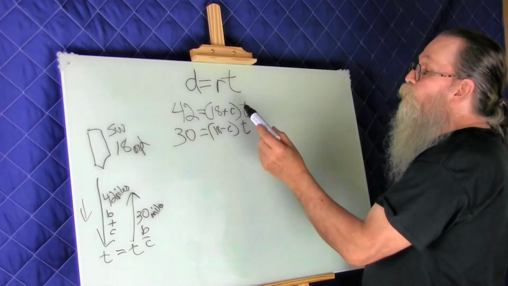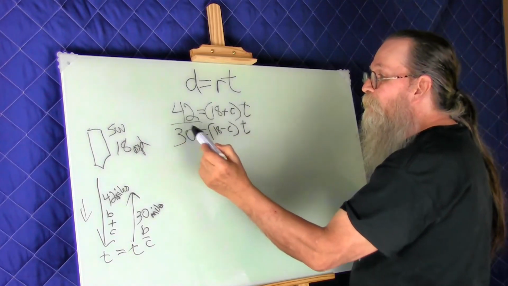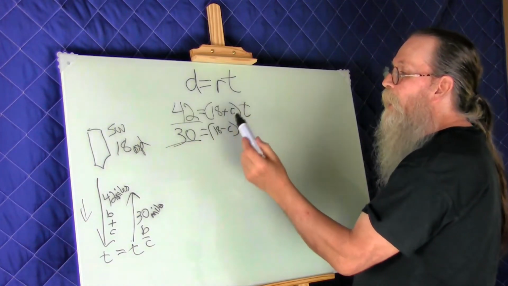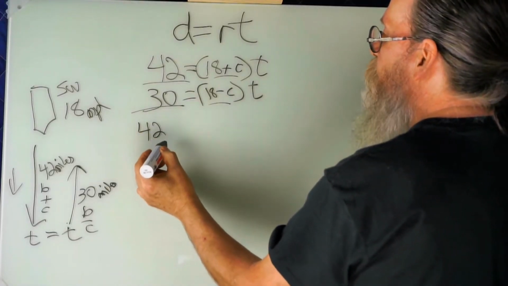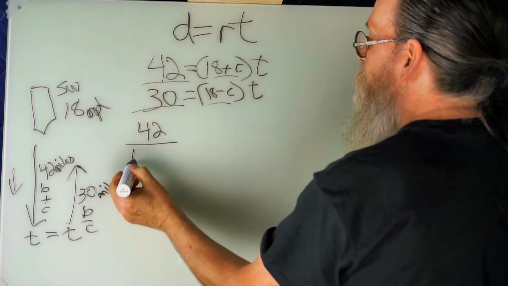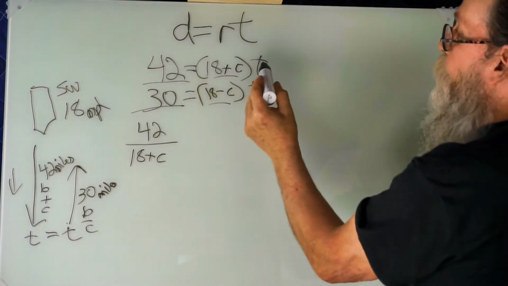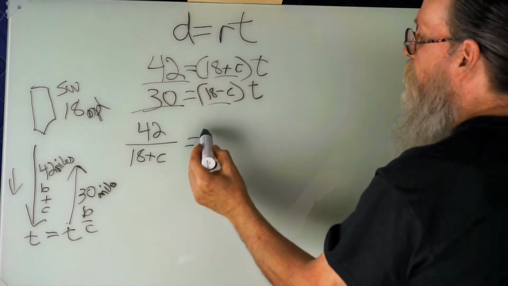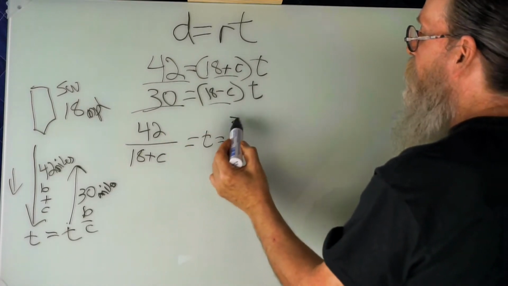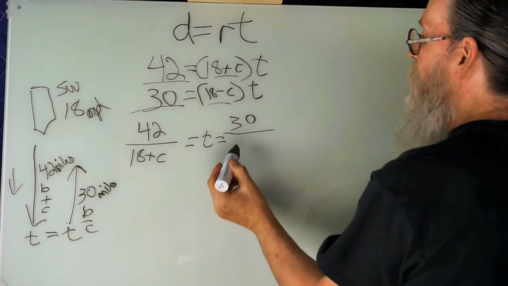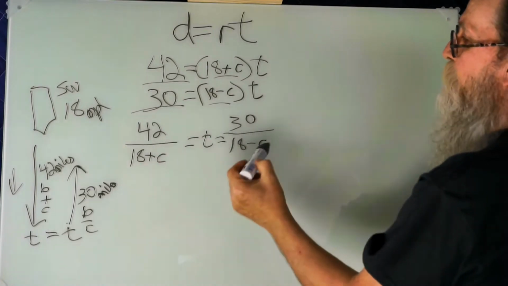So now we want to isolate time by itself. If we divide these sides by this part here, we're going to have 42 divided by 18 plus C equals time, but time is also going to equal 30 divided by 18 minus C, because T equals both of these things.